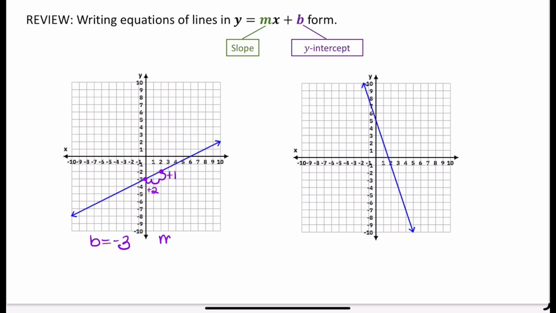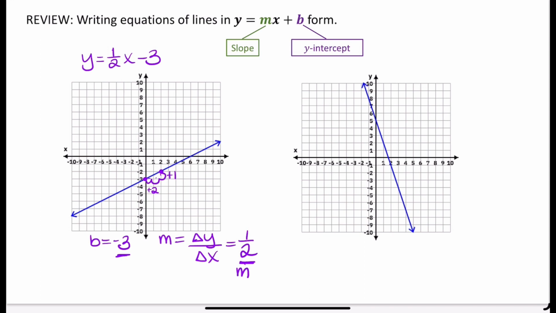Remember that slope, which is m, is the change in y divided by the change in x. So the change in y is +1, and then I go right 2, so that's over 2. So if I write the equation of this line in slope-intercept form, it's going to be y = 1/2 x - 3, because I can plug in 1/2 for m and -3 for b.